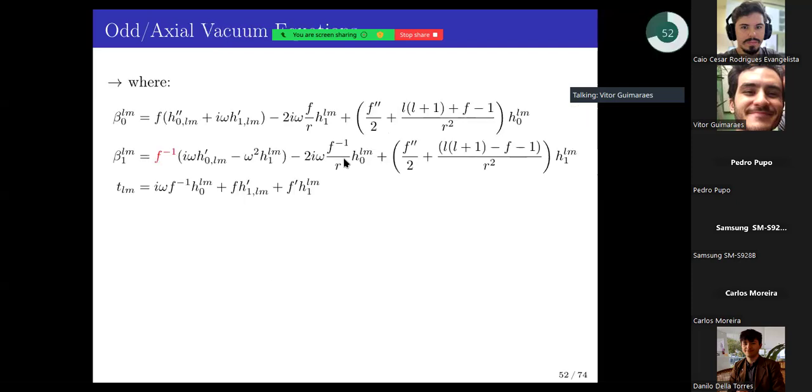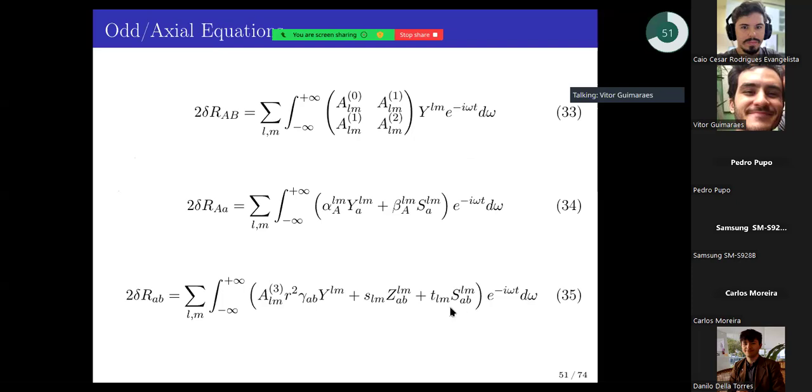So this is what the betas look like, okay? And this is what the T here looks like, which basically are the odd equations. Let's remember that these are all even functions. This is multiplying an even vector, so it's even. It contains first and second derivatives of even metric perturbations.